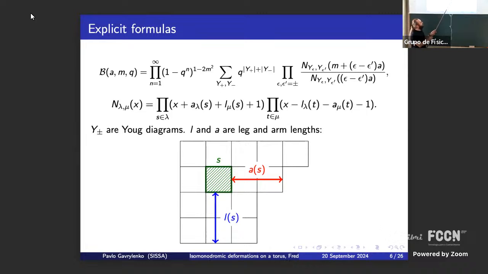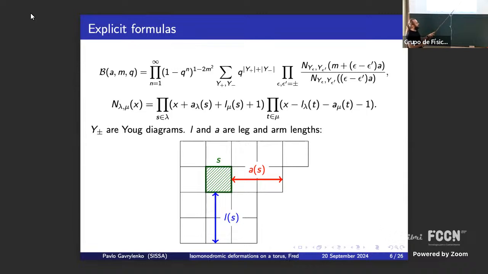And it is given by a product over the boxes in one Young diagram, a product over the boxes of another Young diagram, and in this product x is shifted by the so-called arm lengths and leg lengths of a box. These arm and leg lengths are defined with respect to some Young diagram, and they are functions of an arbitrary box in the plane.